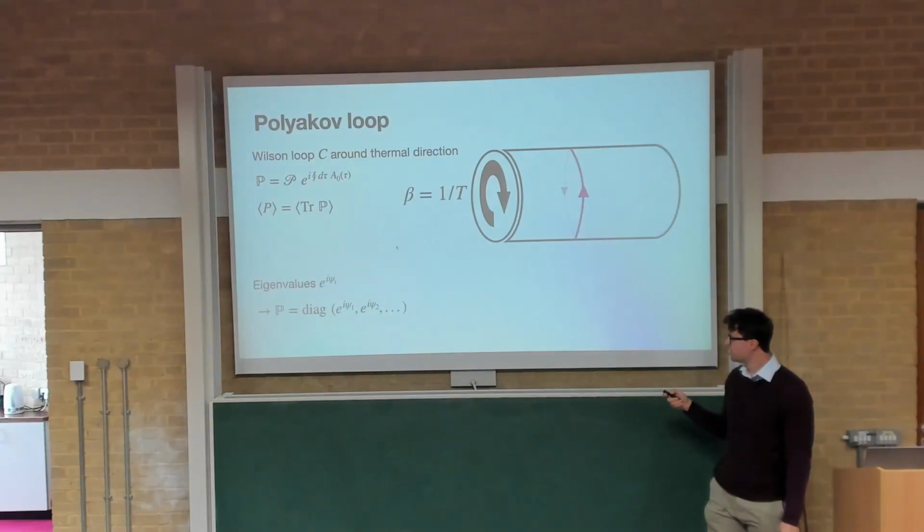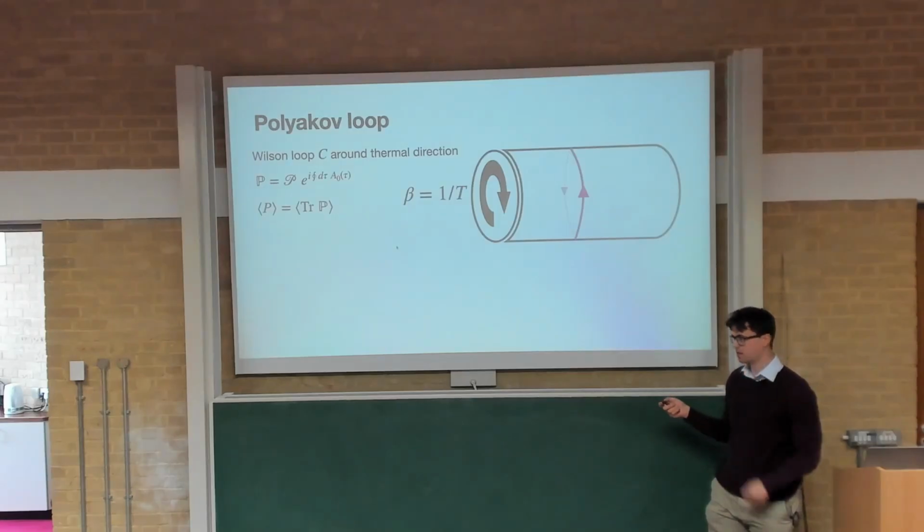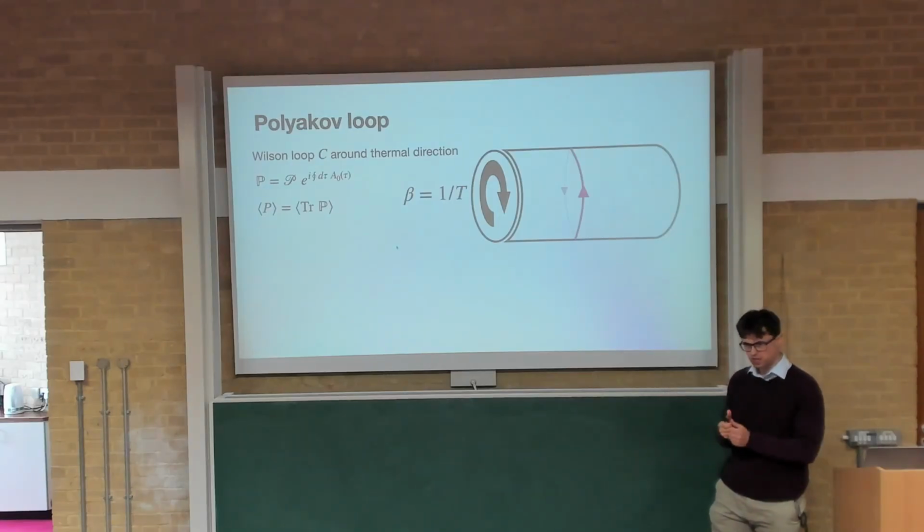You typically take the trace of the holonomy, and that will give you the expectation value of this Wilson loop or Polyakov loop, and that will represent the energy cost in inserting a quark into the vacuum.